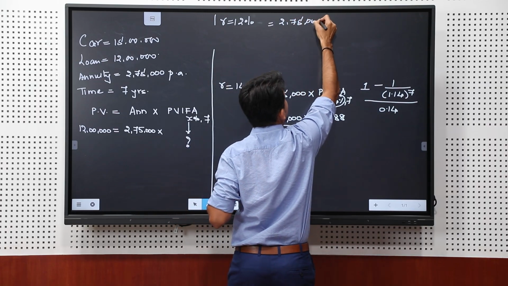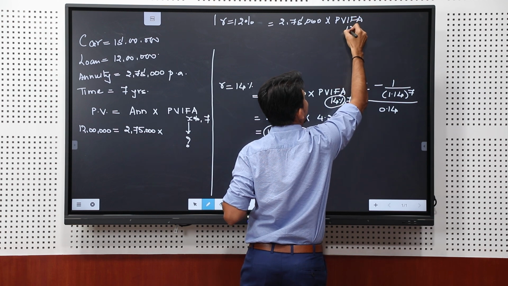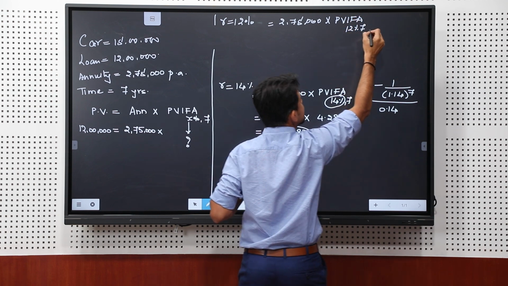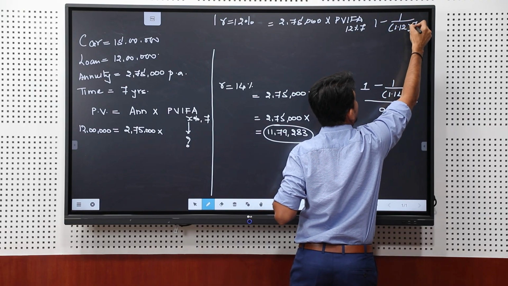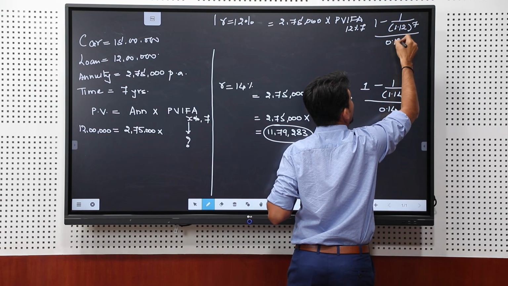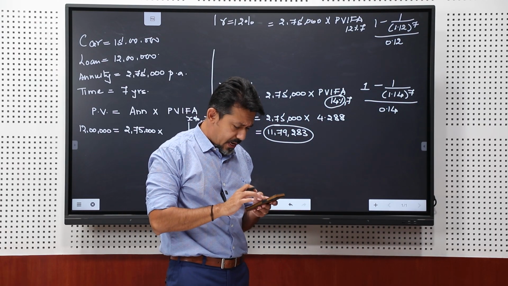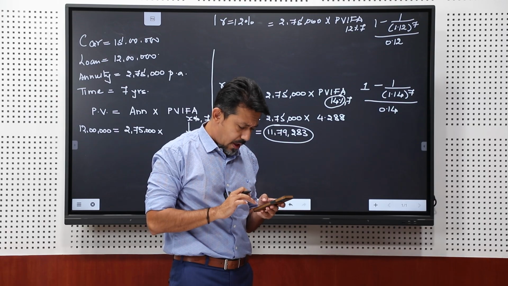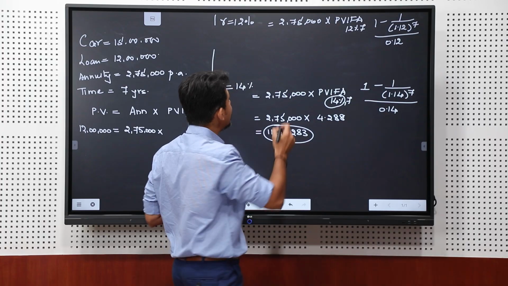If I rework this saying R is equal to 12%, then I have 2,75,000 into PVIFA at 12% for 7 years. And I keep my fingers crossed that I'm still going to get an answer above 12 lakhs. 4.563 is the annuity factor.